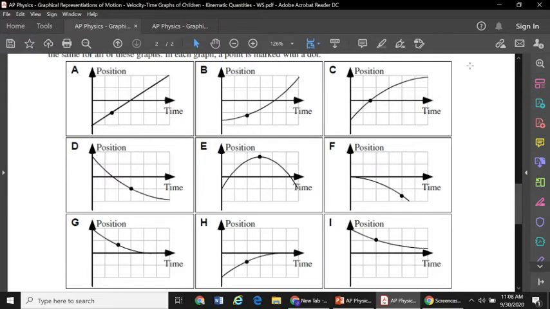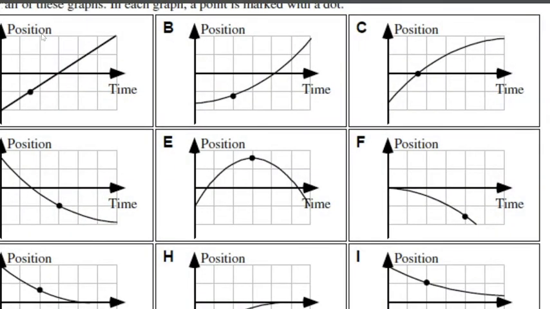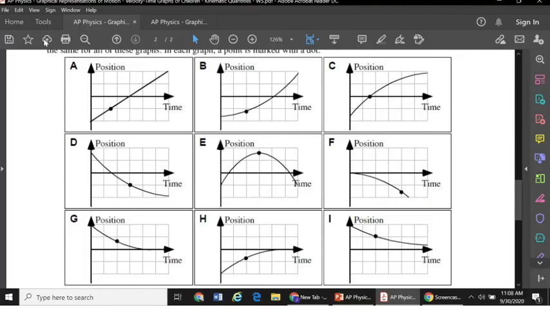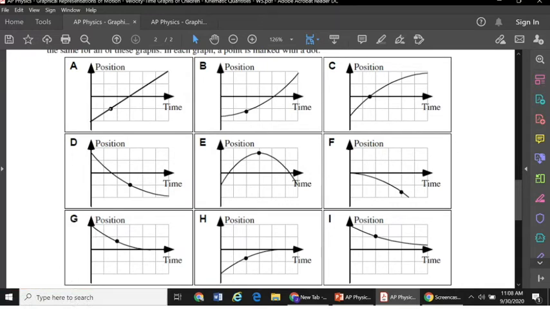So let me go ahead and show you this for all the graphs. I'm going to sketch in red the tangent line. Let me do it in red. It'll stand out a little more.